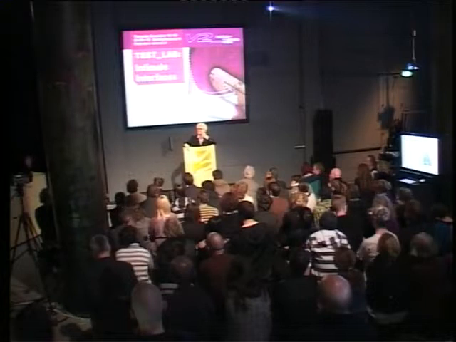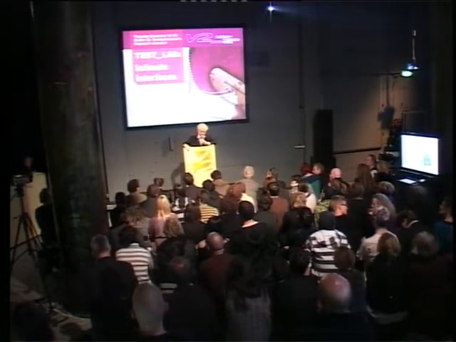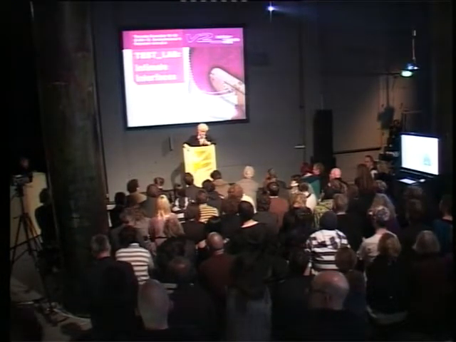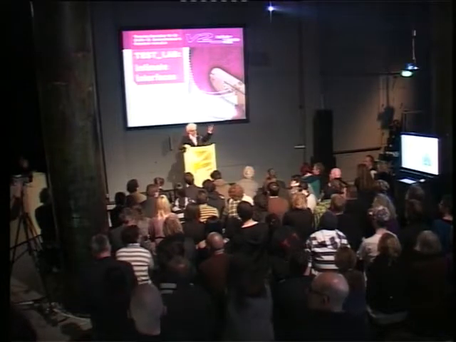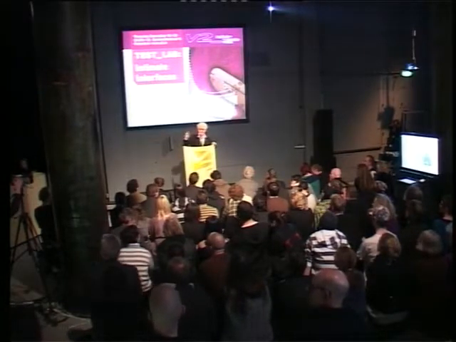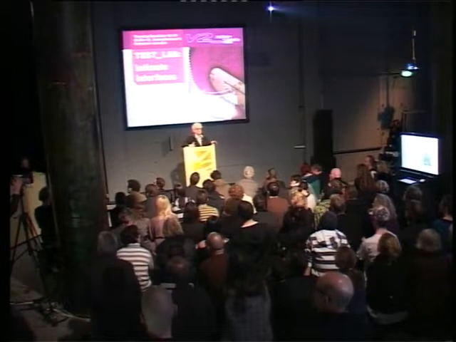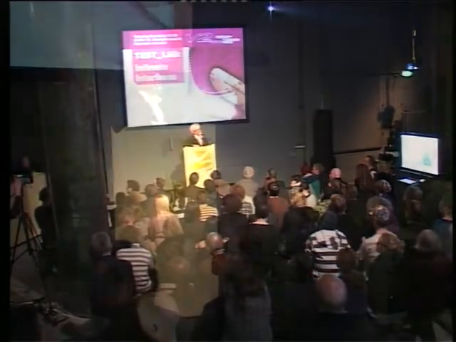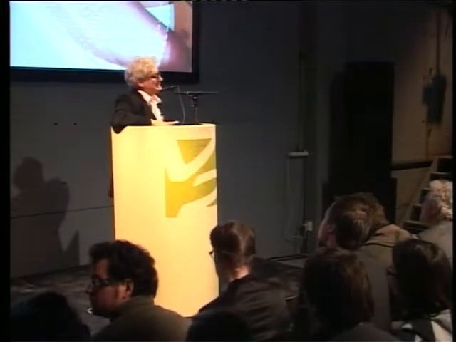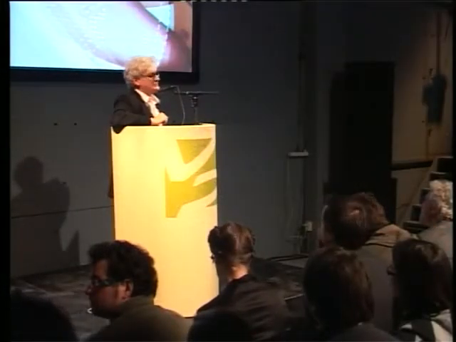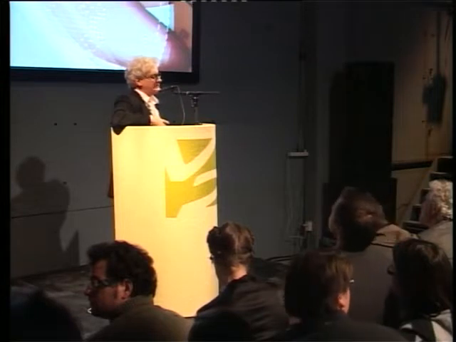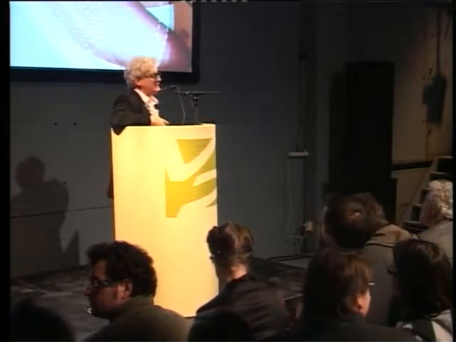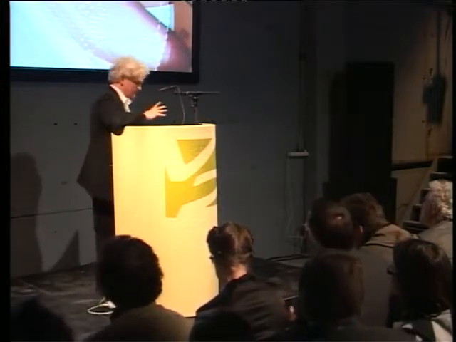I use the word conjunction like, I mean, Carl Gustav Jung, for instance, who wrote a book about the Mysterium Conjunctionis, about the mystery of the conjunction. I would say that the word conjunction refers to the relationship between round bodies.